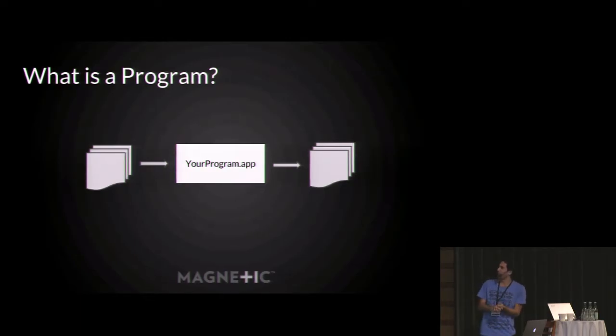So what's a program? The reason why I'm starting here is just to set a little bit of context. Programs at the most basic level are very simple. They take a bunch of input and they produce some output. They do some computation in the middle, but that's all.